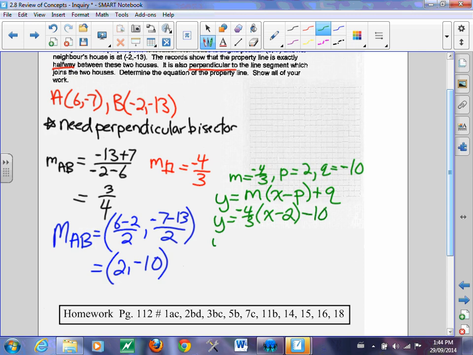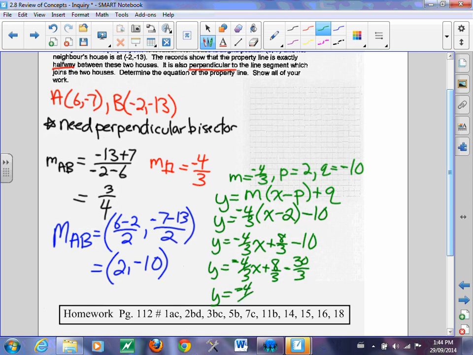Distributive law gives us negative 4/3 x plus 8 over 3 minus 10. Now just plug that in your calculator, or you can do equivalent fractions for those old school people. So if this is 8/3, this is going to be subtract 30/3. So it's going to be negative 22/3. And that is your equation.